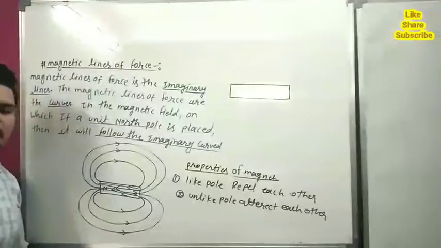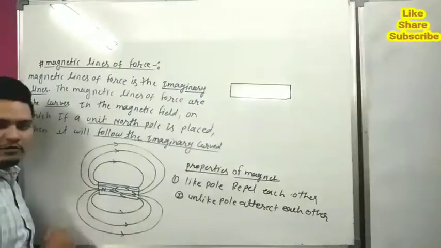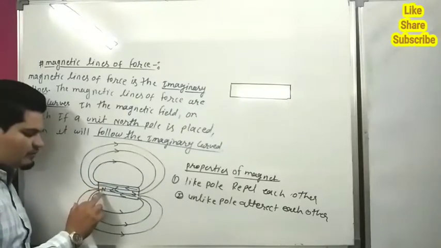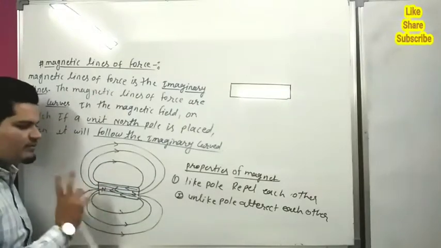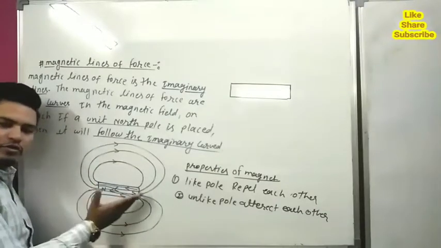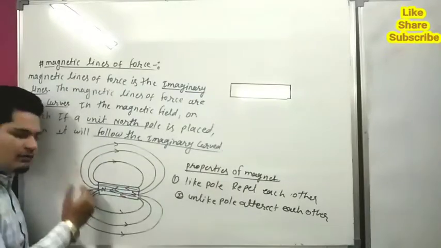So this is the property of a magnet, and a magnet has two poles, north pole and south pole. These lines are the imaginary lines which start from north pole and end at the south pole of the magnet outside the magnet, but inside the magnet they start from south pole and end at the north pole.